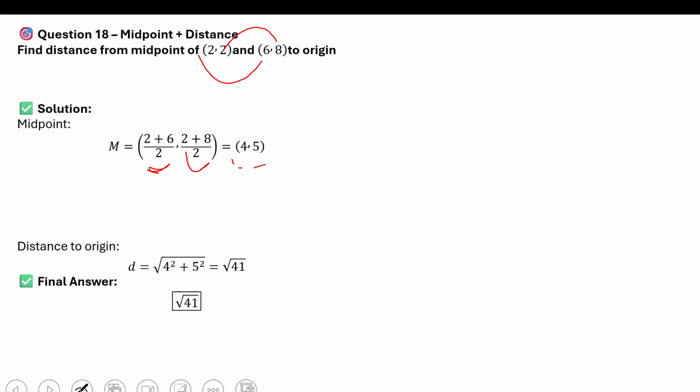Okay, hope you understand why we are using just 4 and 5, because what we are looking for here is the distance between (0, 0) and (4, 5), right?